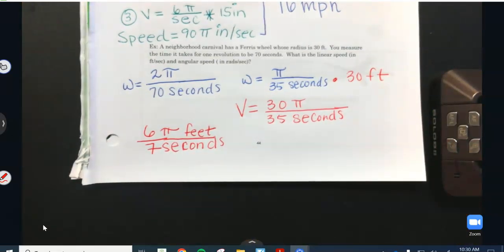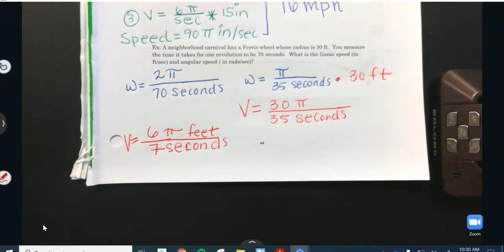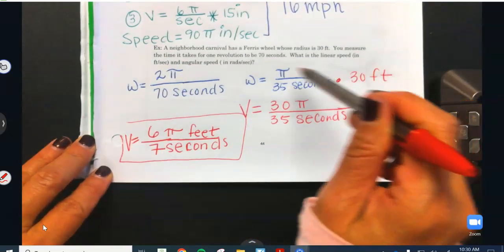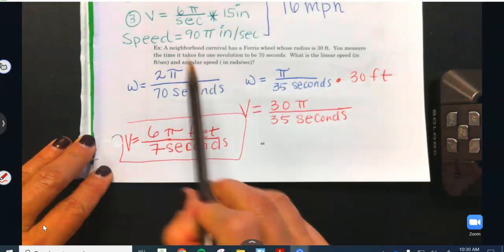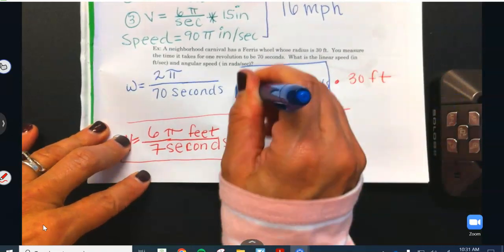So we go 6 pi feet for every 7 seconds. And that's ugly, but that's the exact answer on that. Our work is good. There's your linear speed. Here's your angular speed.